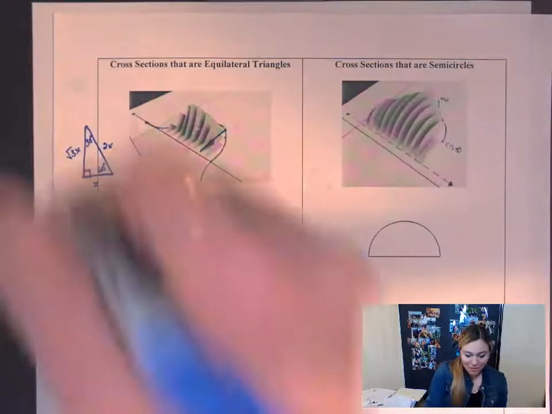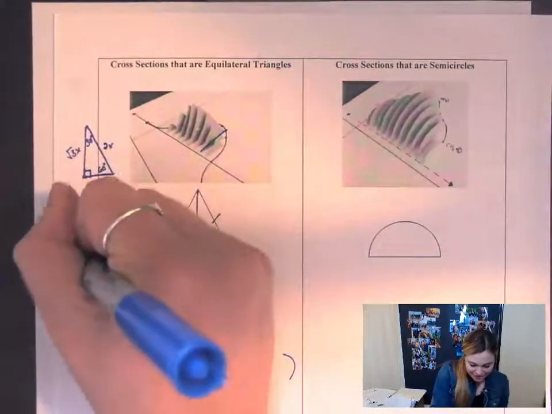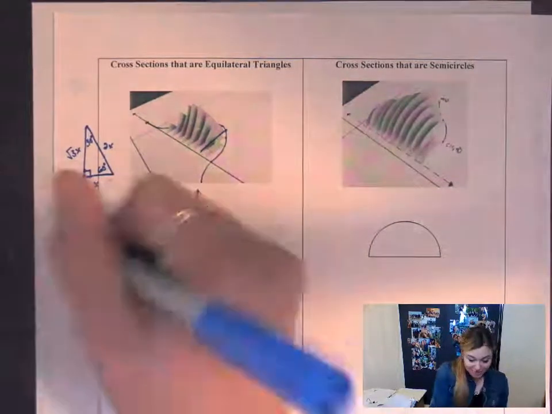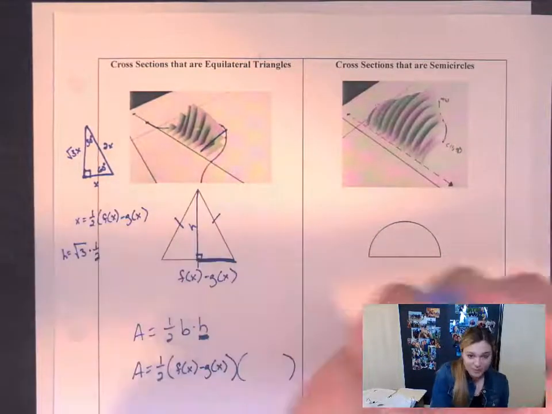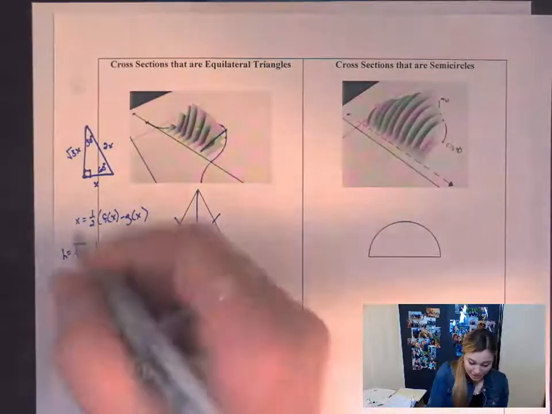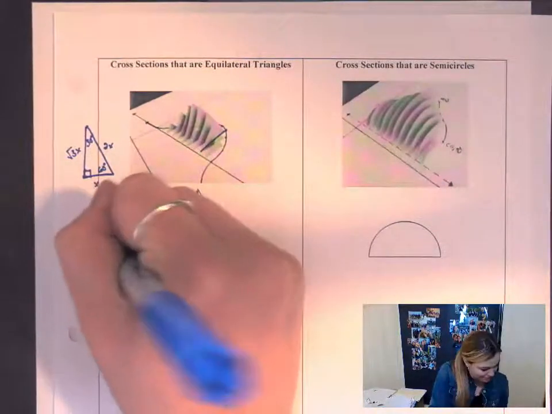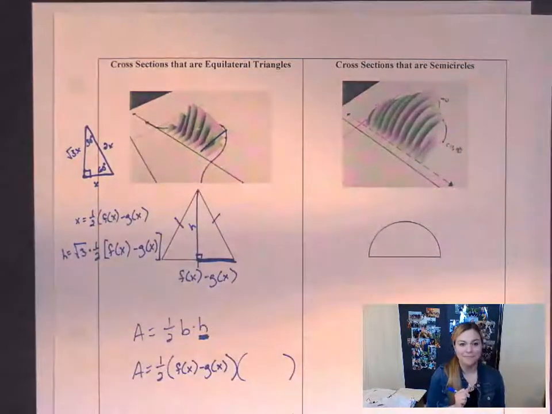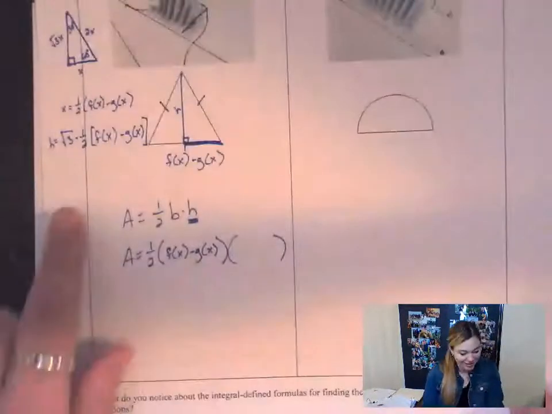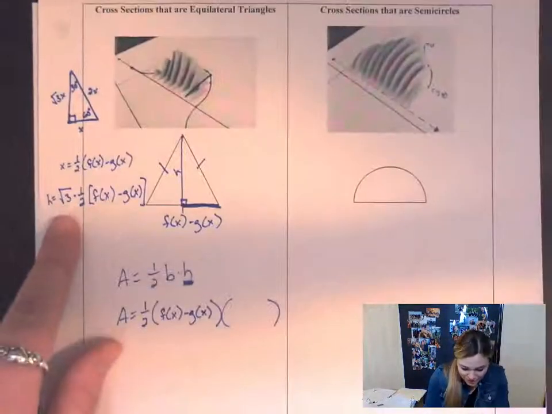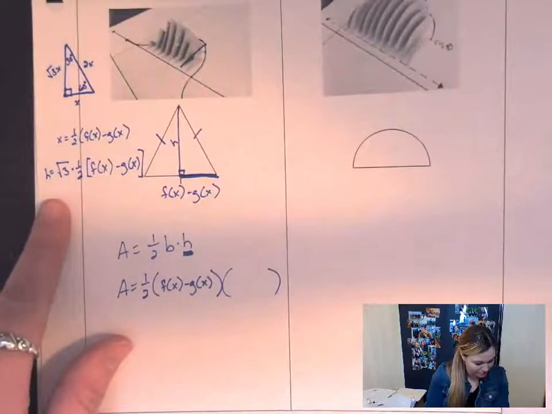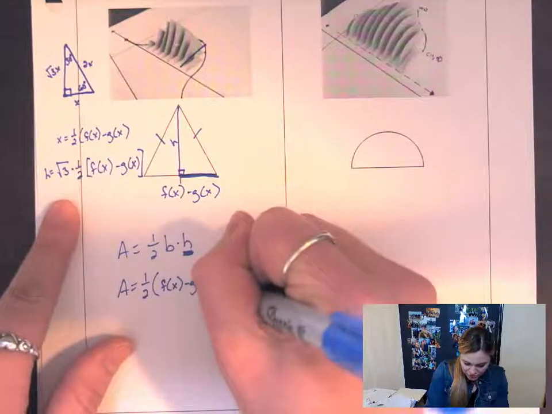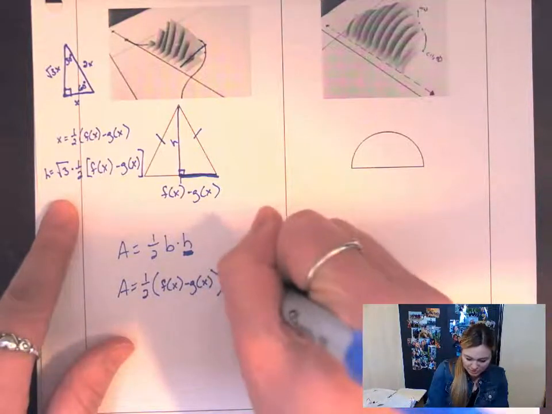Which means if I want to know what my height is, that would be square root of 3 times whatever my value of x is, which in this case is this 1/2 f of x minus g of x. So if I go down here, my height, I'm going to write, this would be square root of 3 over 2 f of x minus g of x.